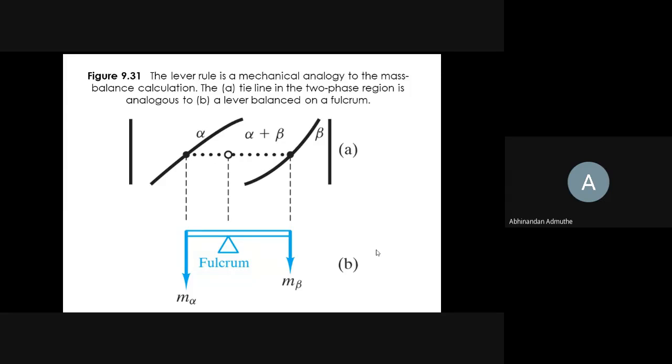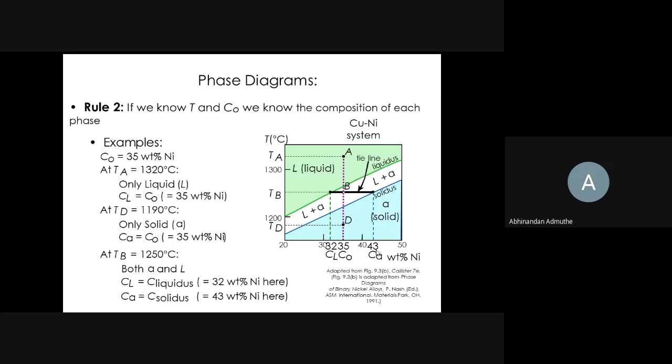By knowing the composition of the liquid phase and the solid phase, the question again comes to mind: at point B, what is the percentage of liquid phase present and what is the percentage of solid phase present?